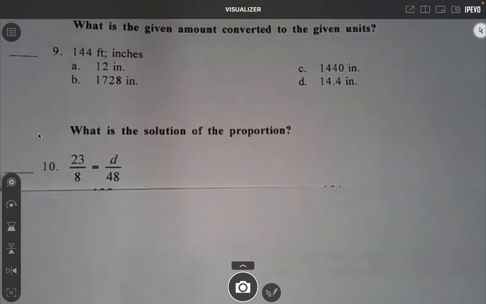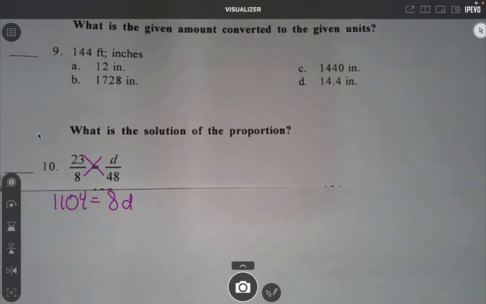Number 10. How do you solve this one? Cross multiply. So you would do 23 times 48, and that is 1,104. Everybody good with that? And then 8 times D, how do I write that? 8D. There you go.